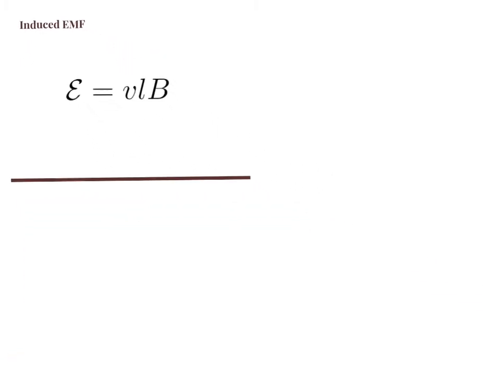All right, that process can lead us to a generalized equation like the one we see here. We'll do a quick derivation. We said that force electric had to equal force magnetic. So QE had to equal QV cross B. Cancel out the Q's.